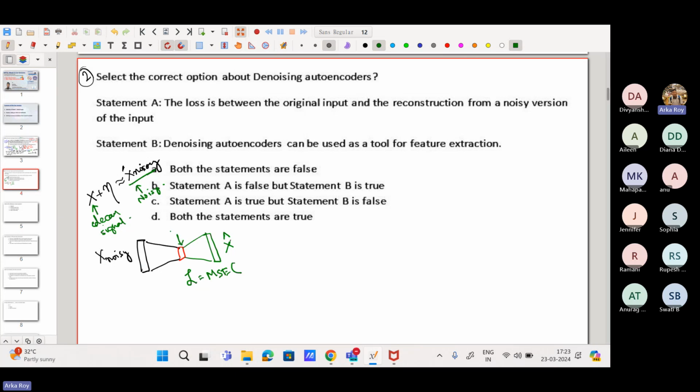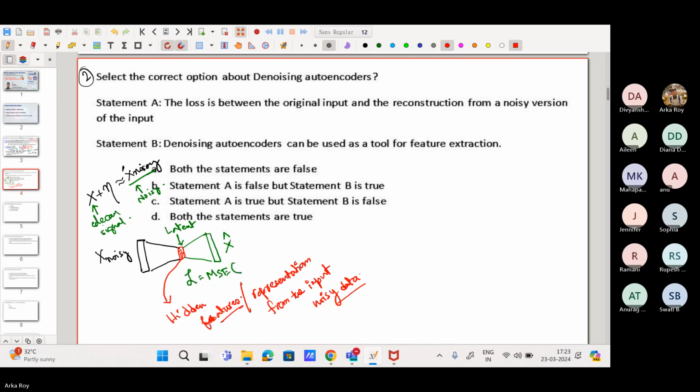So at this point, you get the latent space, which extracts some hidden features or representations from the input noisy data, and then these features or representations are used by the decoder to decode it back and to generate a denoised version of the noisy input.